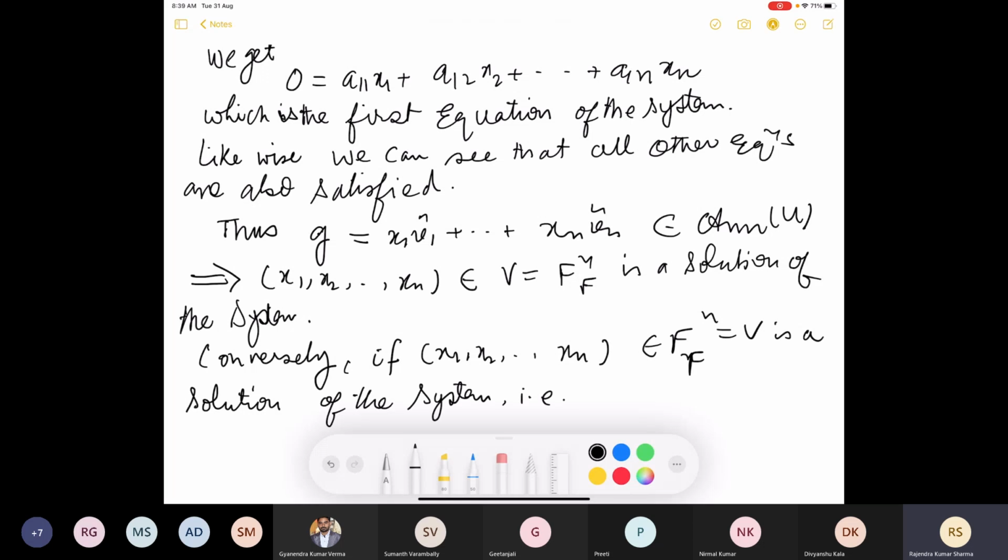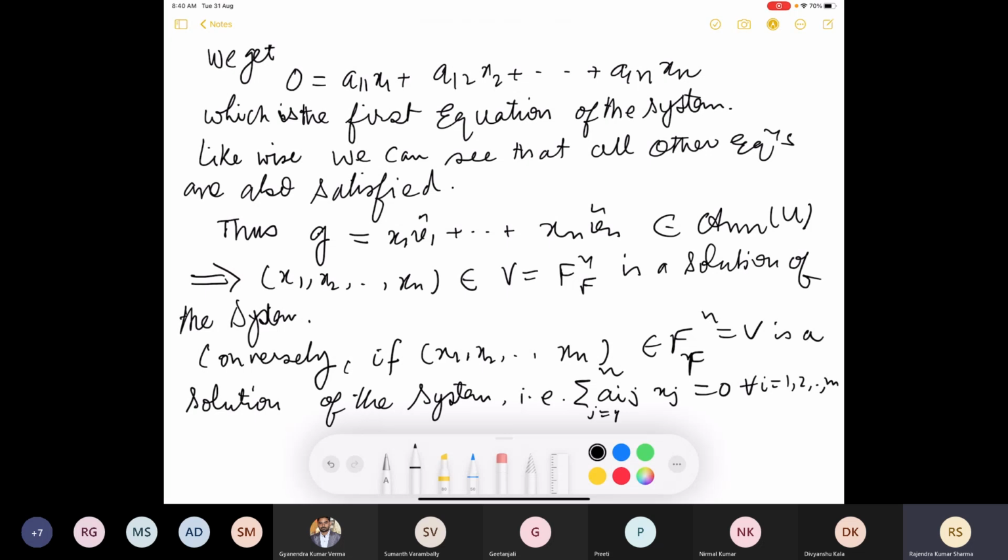That means each equation is satisfied. So the sum of aij xj, j from 1 to n, is 0 for every i from 1 to m. This is the meaning of the solution of this system.